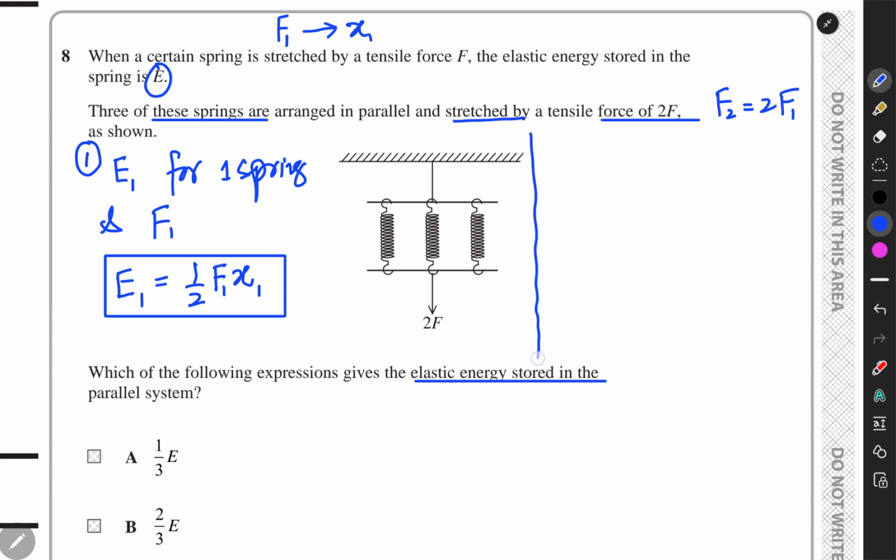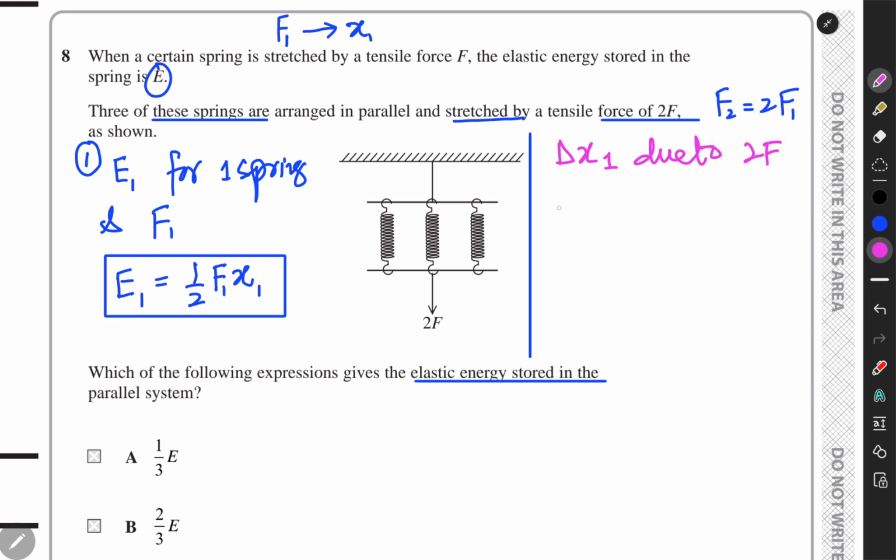Now if you have twice the force, what will be the extension in that single spring? So here we go, the change in length of one spring due to 2F.